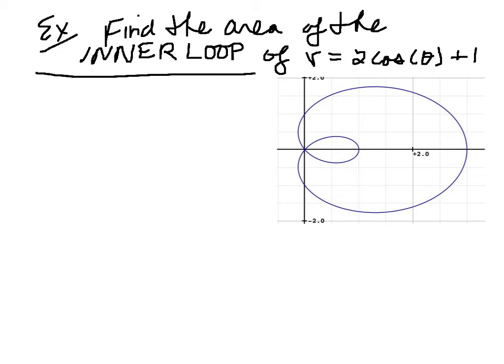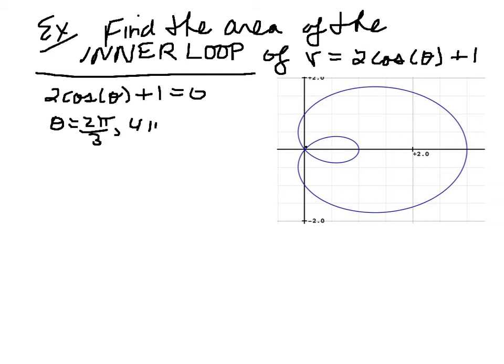And a loop begins right when r is 0. So what we're basically going to do is say when is 2 times the cos of theta plus 1 equal to 0. And it shouldn't be too hard for you to figure out that that means theta is 2 pi over 3 and 4 pi over 3.